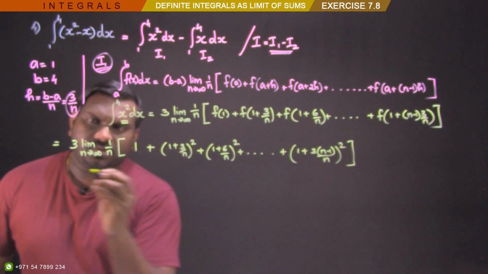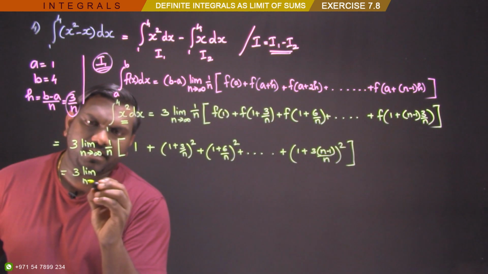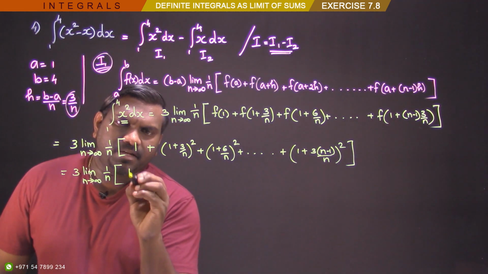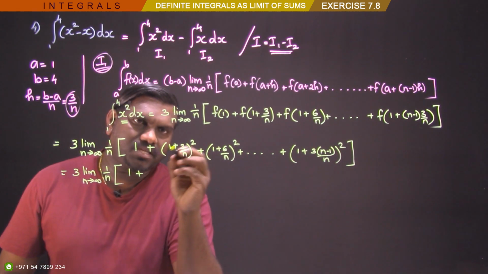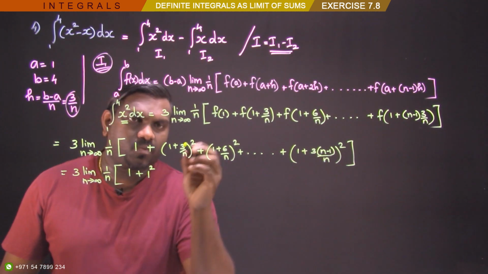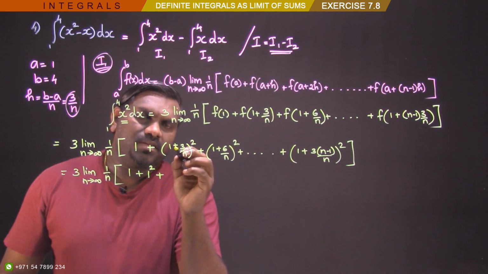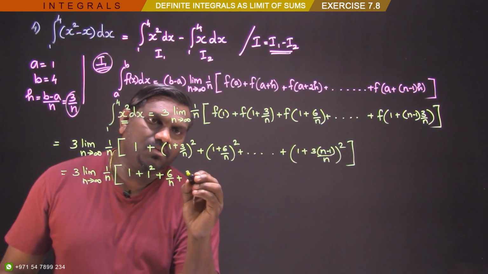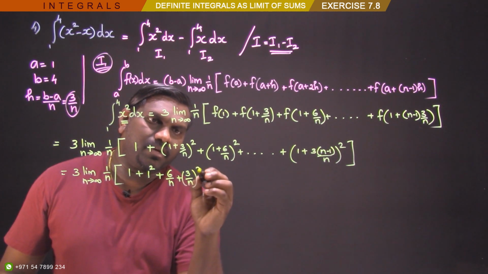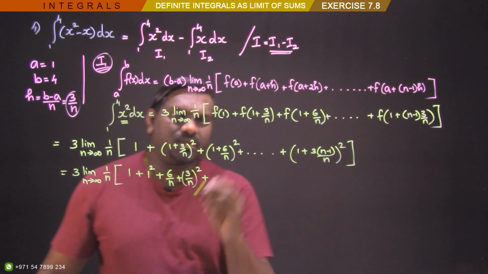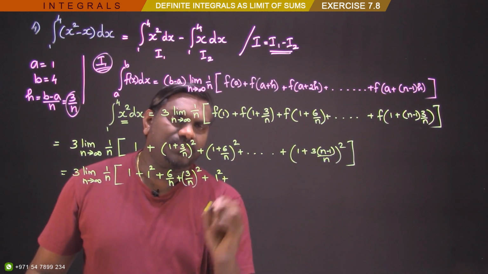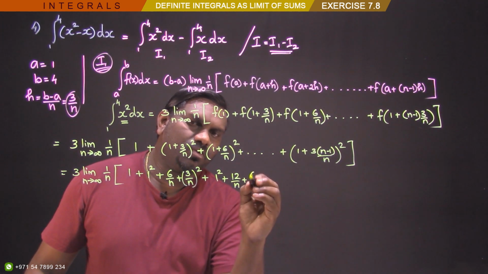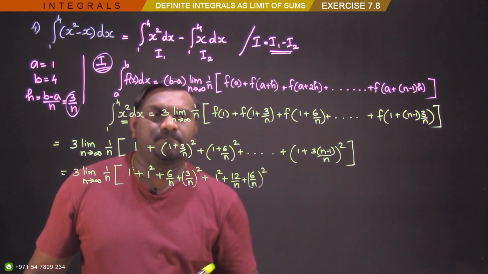Yes. So that is equal to 3 limit n tending to infinity 1 by n into, if we expand a little bit here, we will get a plus b the whole square, so 1 square plus 2 into this, that will be 6 by n, plus this one the whole square, so 3 by n the whole square dear, plus if I expand this one, again 1 square plus 2 into this, that will be 12 by n plus this one's whole square, right?